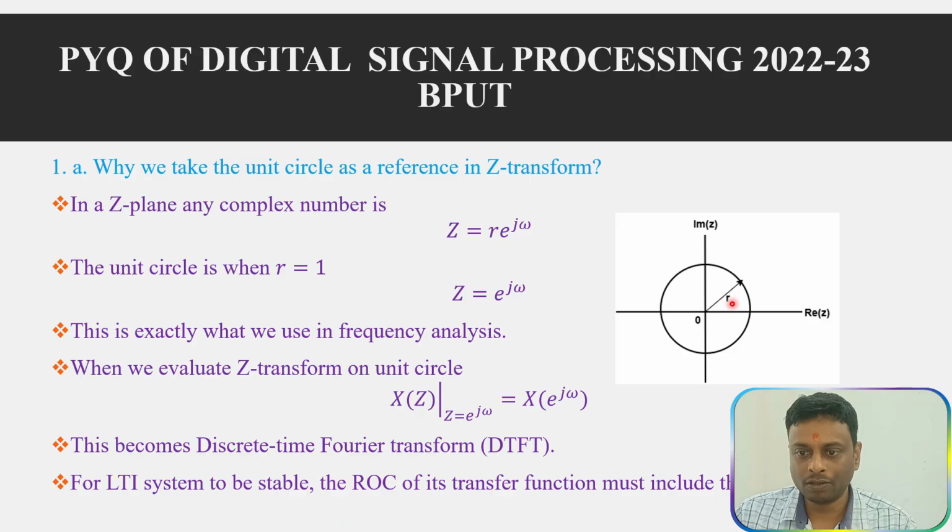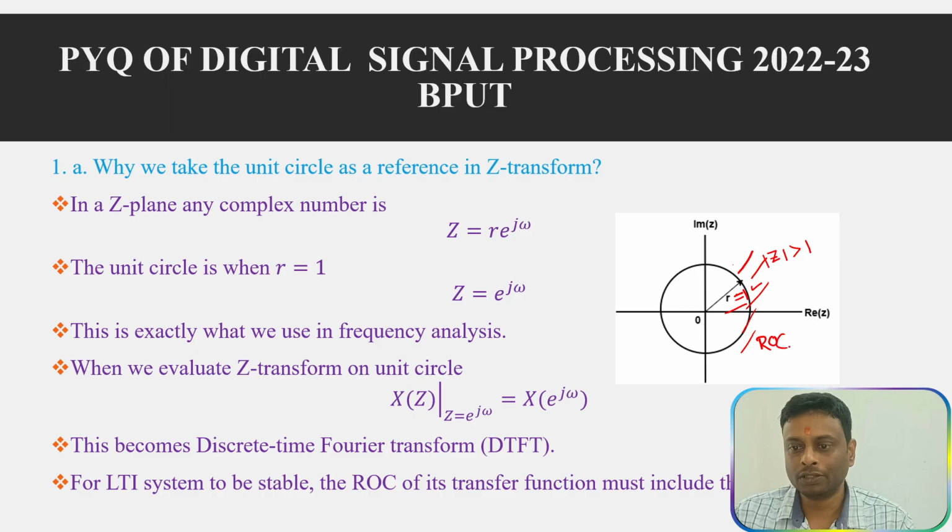If R equal to 1, this is the unit circle. For the LTI system to be stable, the ROC of the transfer function must include the unit circle. If the ROC is mod Z greater than 1 and excludes it, the system will be unstable.